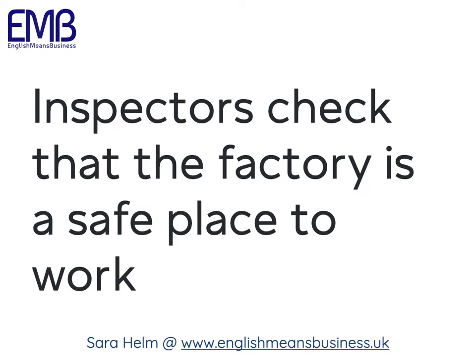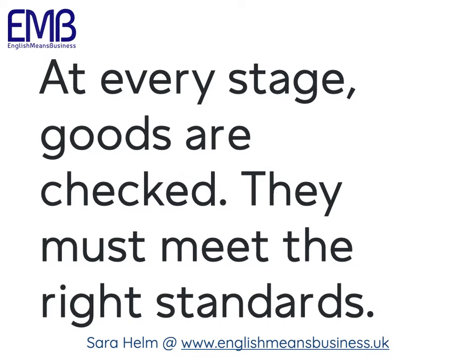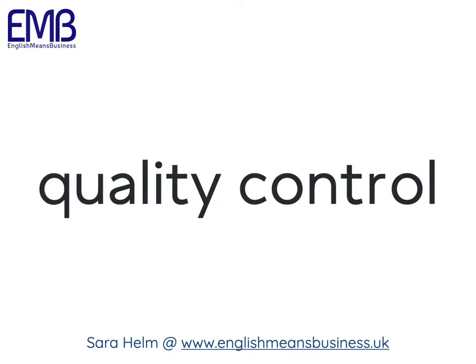But this isn't the only kind of check, because we need to check the quality of the goods. At every stage, goods from raw materials to finished products are checked. They must meet the right standards, and this is called quality control. Sometimes parts of the process or products, raw materials, fail that quality control.